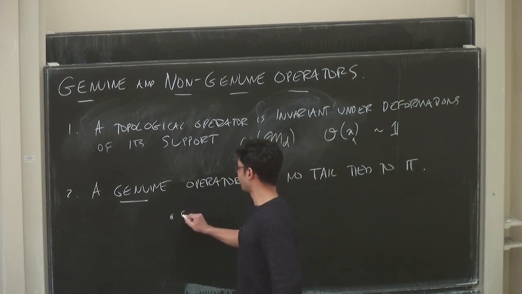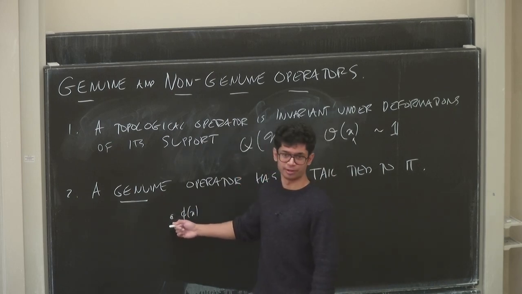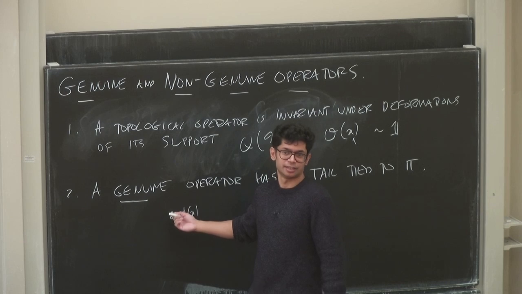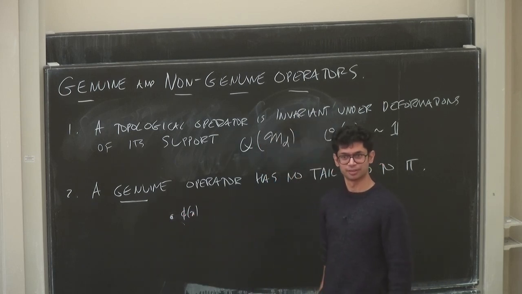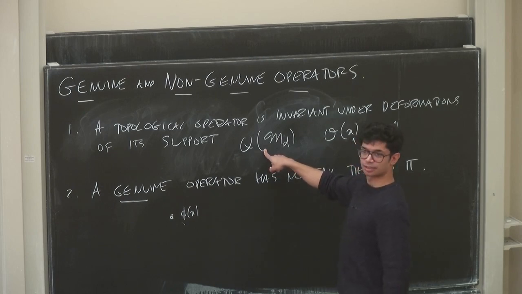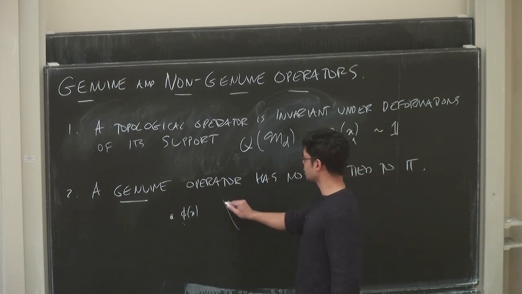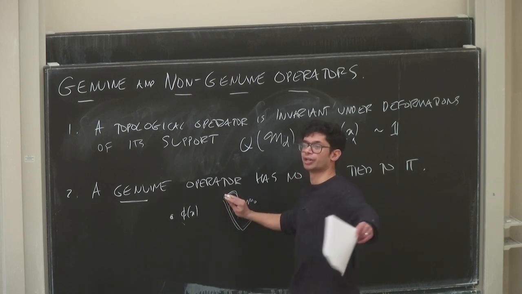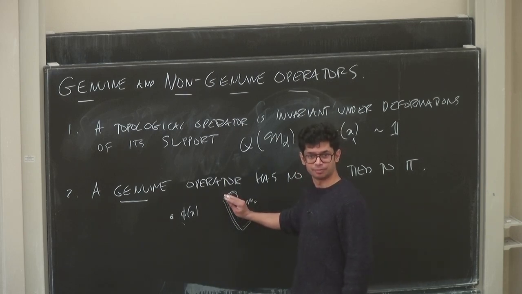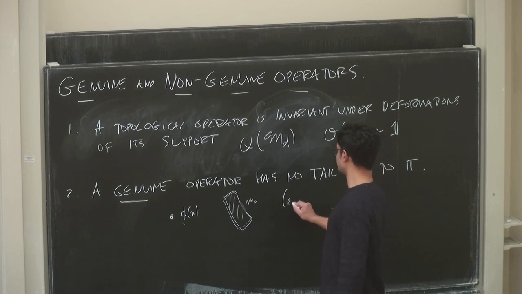Phi of x is a fine operator. You can insert it here. It's a local operator. It has no tail tied to it. There is no tail there. Similarly, each of these objects that we've talked about, these Q of MDs and so on, are all genuine operators, because I specify my MD, I have something defined on my MD, and there is no tail going off from this thing. It only cares about MD. So examples are most things that you know and love.